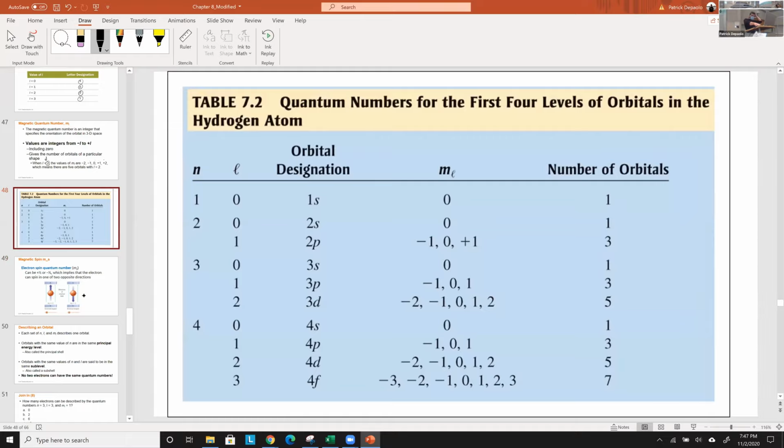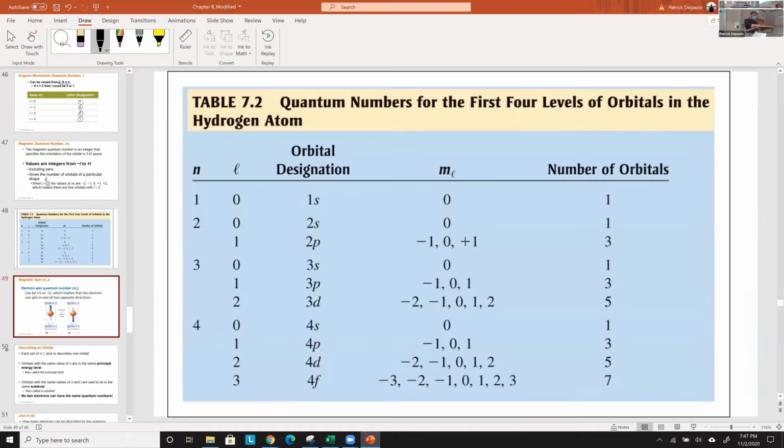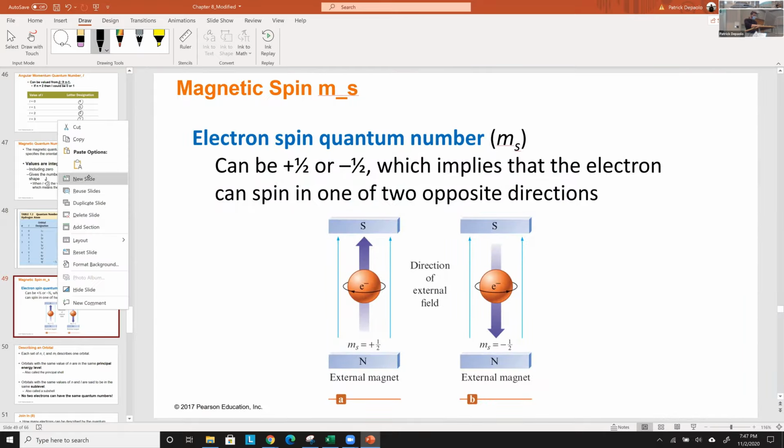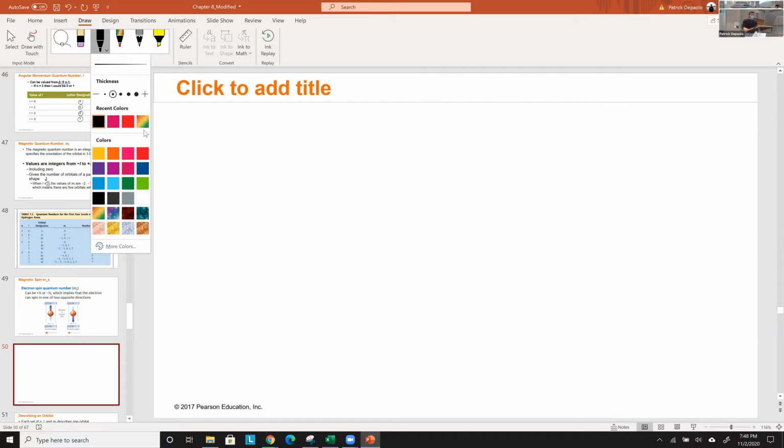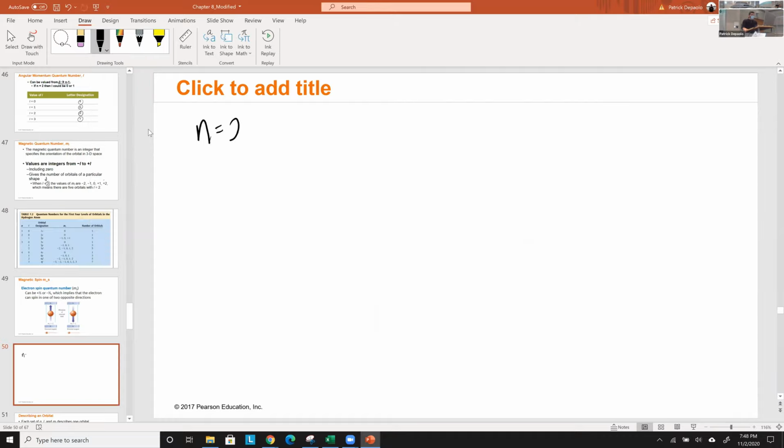So here's what we're going to do, in a little bit more detail. I'm going to tell you an energy level: n equals 2. What are my possible L values?